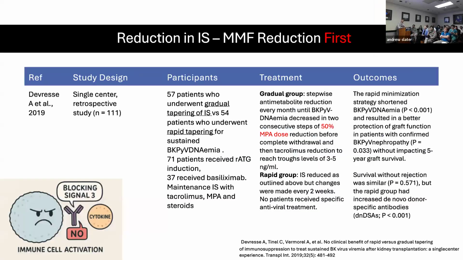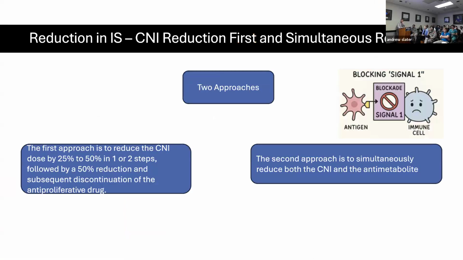For the sake of time, I have other studies that I can go through. I'm going to skip that and go on to the next approach and maybe talk about a study or two. That's CNI reduction first and simultaneous reduction.